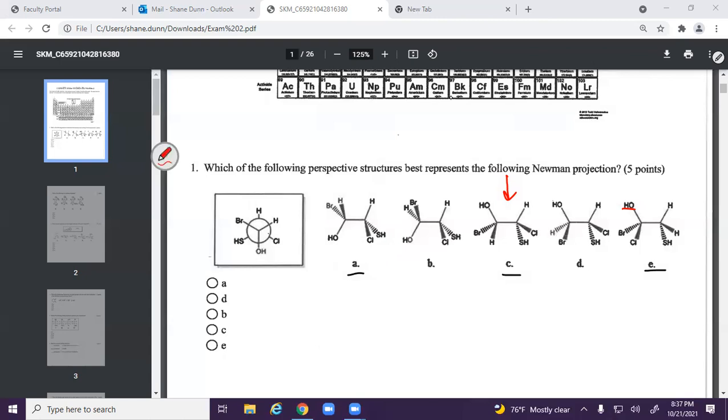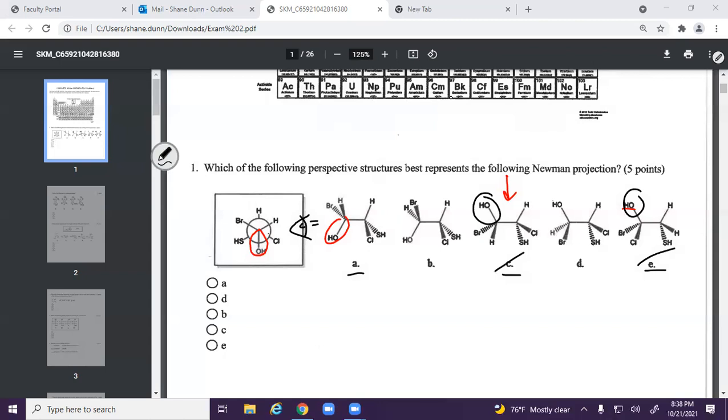The reason why A is the correct answer is that even though this is going straight down, it has to be going straight down in the line angle form. If you think you're looking at it, here's your eyeball, the OH theoretically would be going down right there. It would be going up with C and it would be going up with E. So that's why they are wrong.